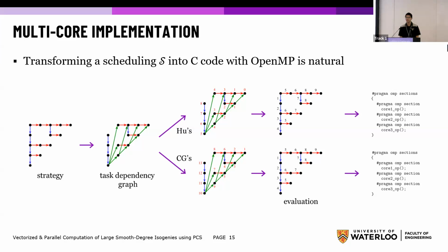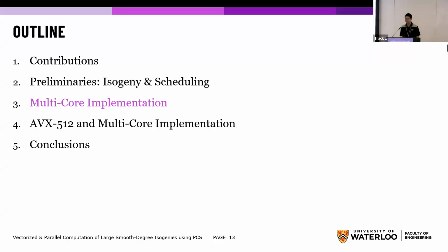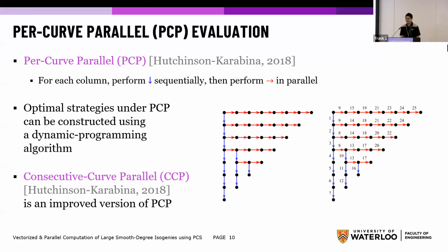Okay, so actually I didn't mention how we came up with the strategy in the first place. So let me talk about that a bit. To the best of my knowledge, we use the result of this PCP. So we have the optimal strategy under PCP, and we use that for the construction, but with different ways to do the evaluation.